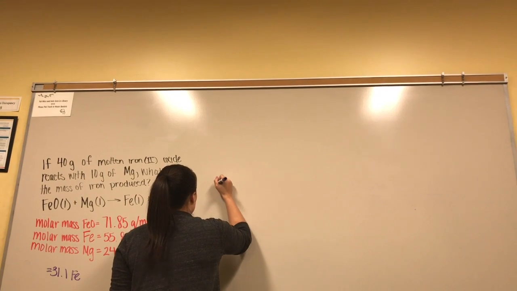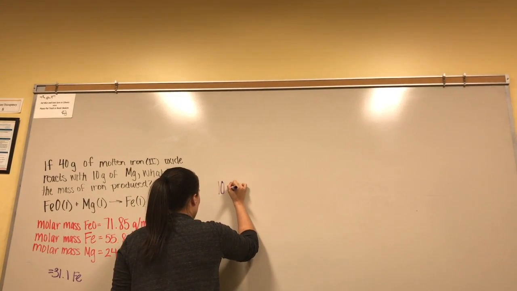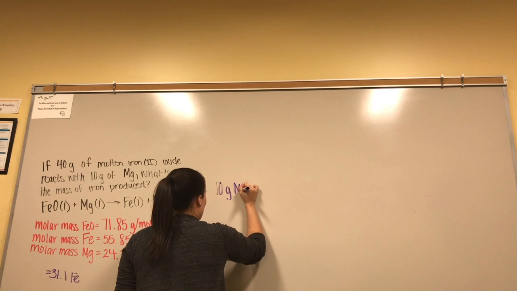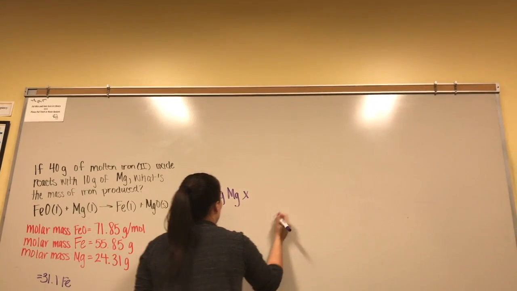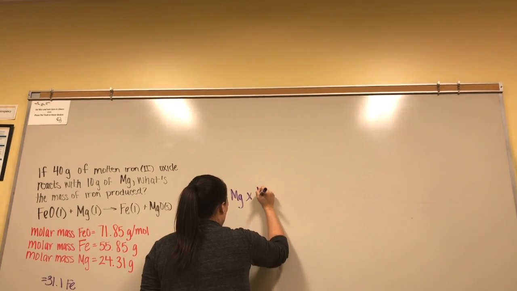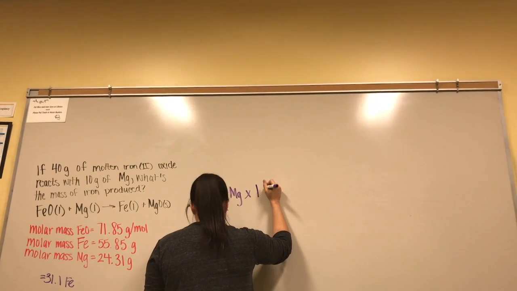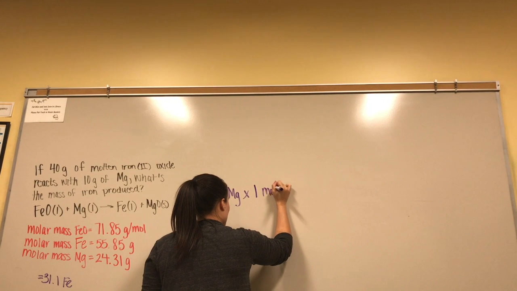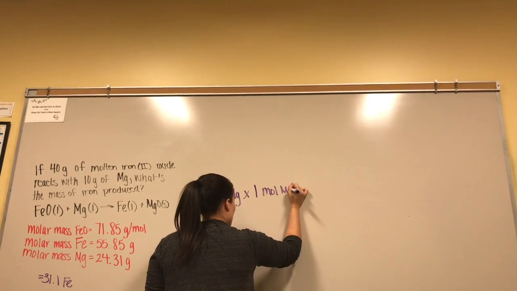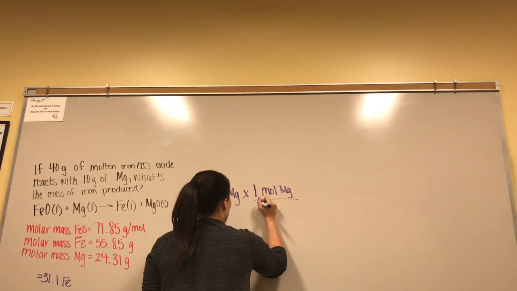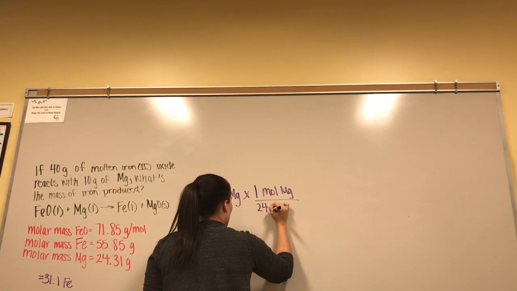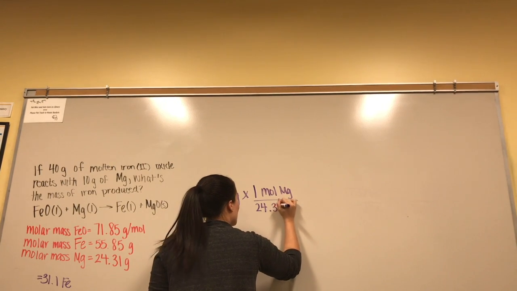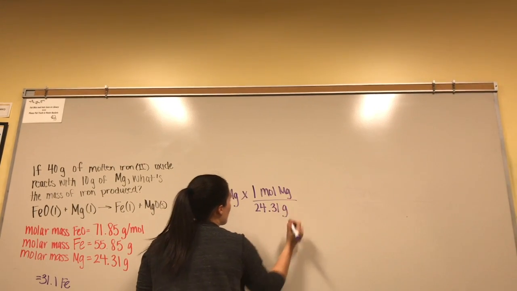So you're given 10 grams of magnesium, and you have to multiply that by 1 mole of magnesium over the mass to cancel out the grams, and the mass of magnesium is 24.31 grams.